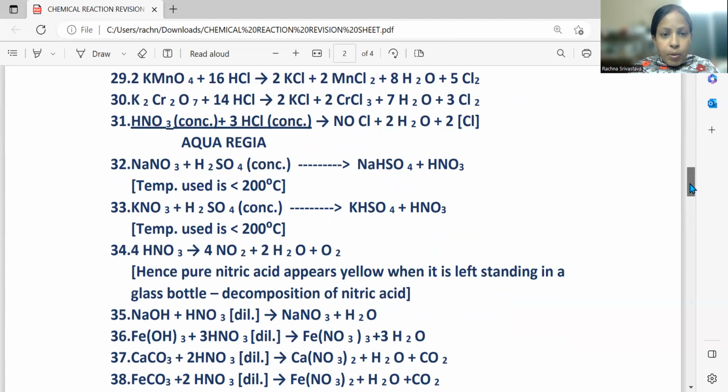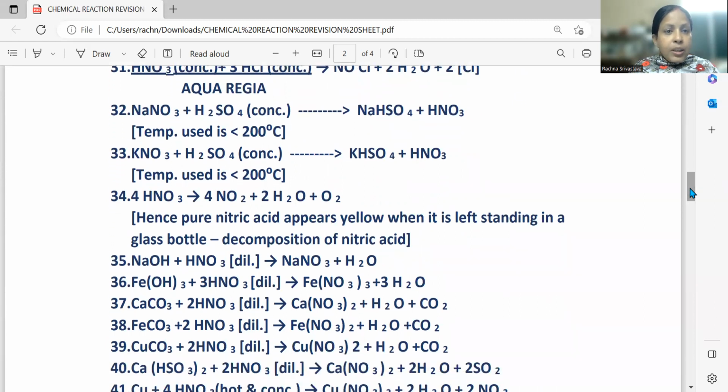This is again very important because the question can come in the reasoning also. In my previous video, I have mentioned the same thing, that they can ask that pure nitric acid is transparent, but it appears yellow when it is left standing in a glass bottle, because the decomposition occurs. And because of that decomposition, nitrogen dioxide gas is released, which is reddish brown in color.